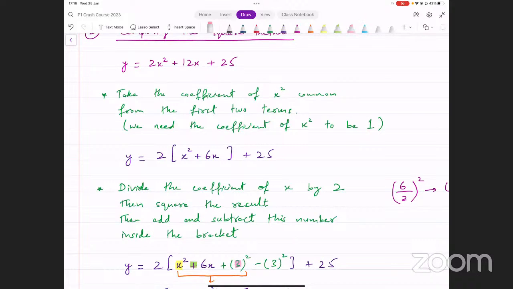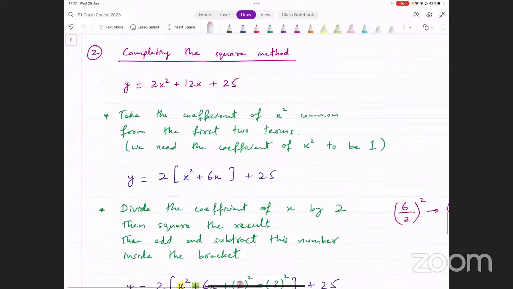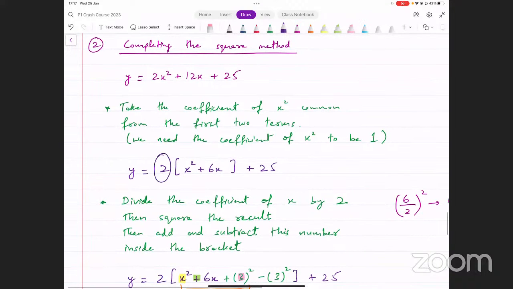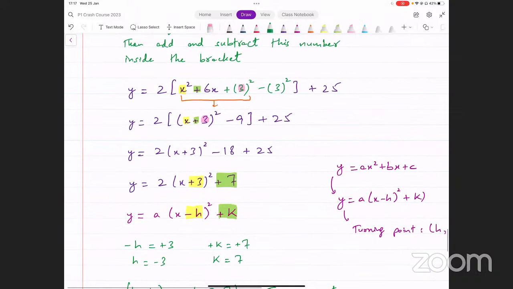If it's already 1, you don't have to take anything common outside, and this process is much simpler. But if the coefficient of x square is not 1, like in this case, it was 2, then people end up making a lot of careless errors when taking this number common outside and then multiplying it inside again at the end. So that ends up being a problem.